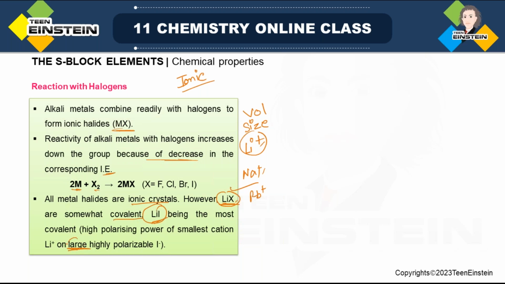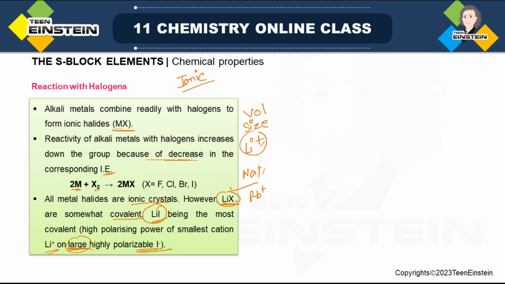Now when the anion is very large, it becomes highly polarizable. So in any ionic compound, how much covalent character you can expect, that is according to Fajan's rule. And Fajan's rule is saying when the anion is highly polarizable because of a large volume, then there is covalent character generated.